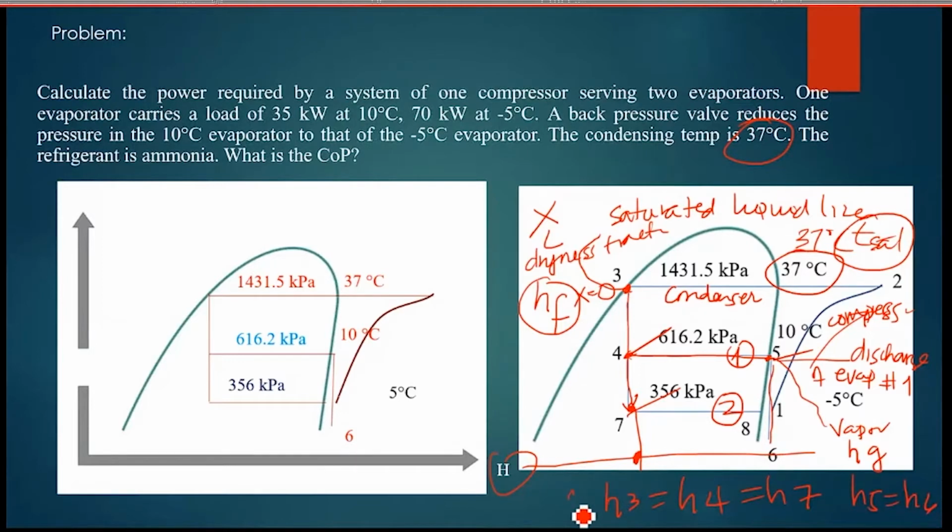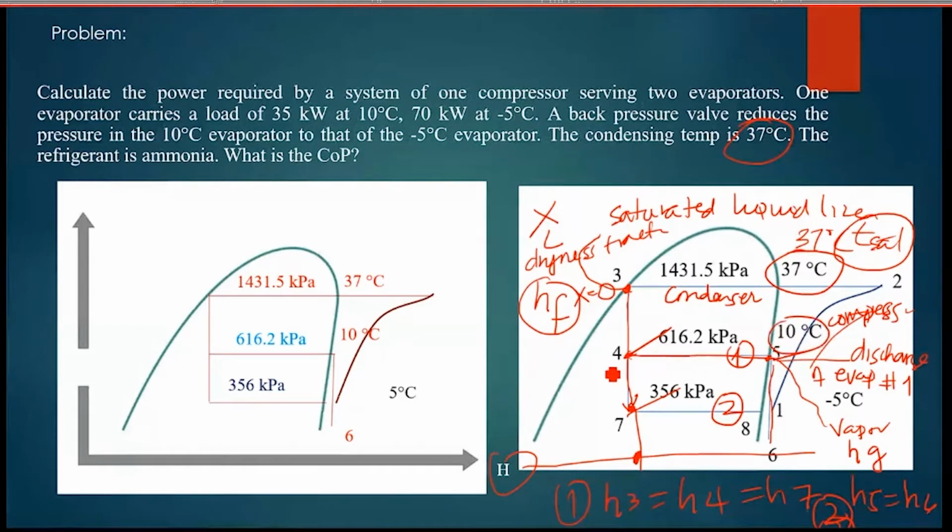So 1 is here, 2, easily we get this. What's the other one? 3, right? So is everything clear about evaporator one? All you have to do is to get the enthalpy at what parameter? 10 degrees. Okay?